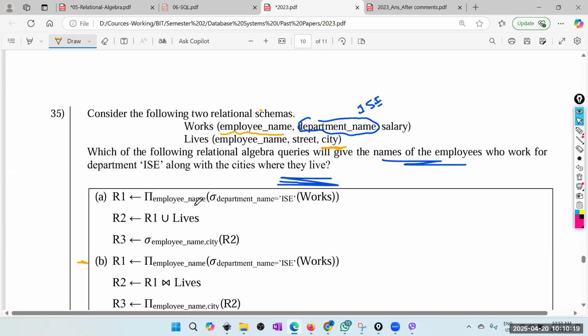Now you have all the employee names who are working for department ISC. Now you do union. Union is not going to work because union means common fields. But sometimes for this one union might work. If the same name is there, you take it.